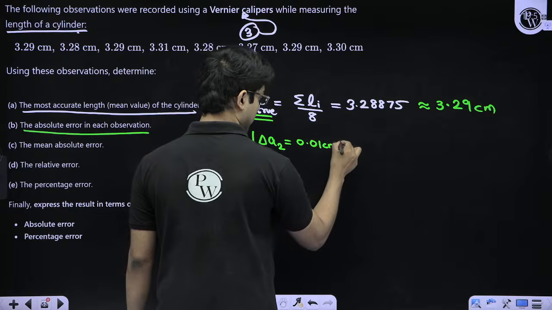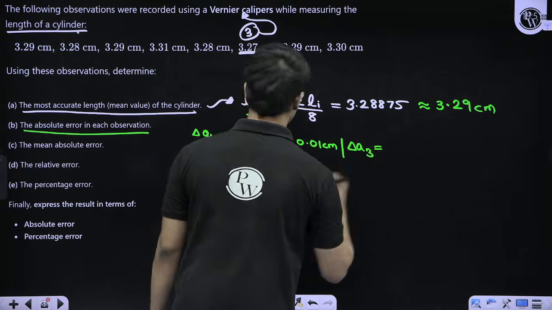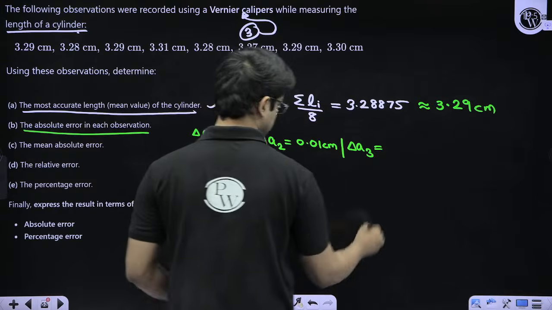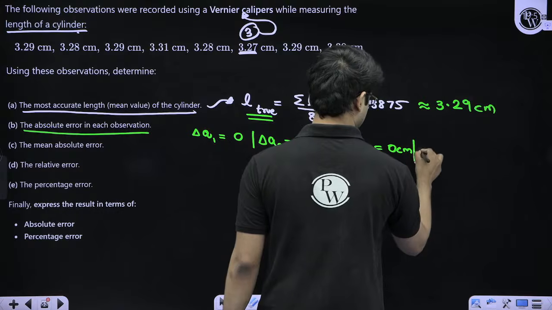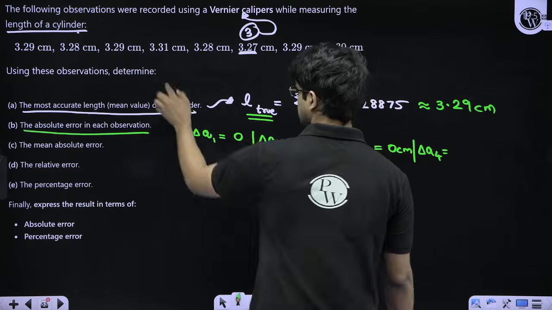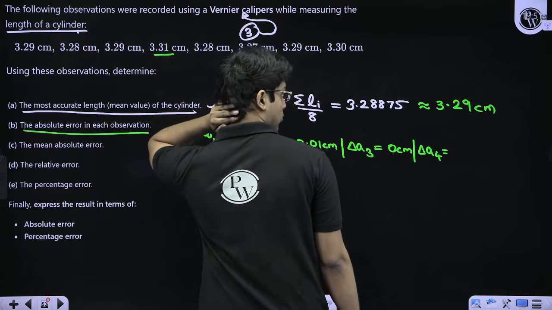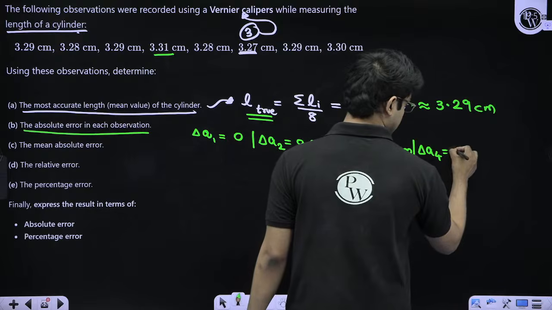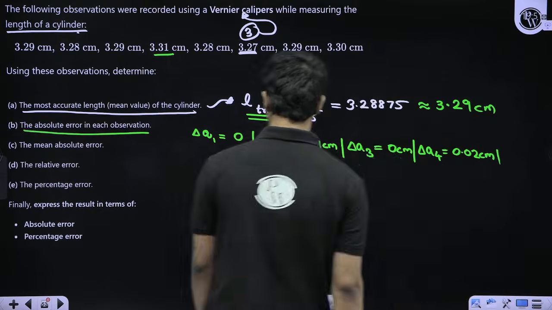Okay, just consider the positive values. In the third value, the absolute error is 0 once again. And in the fourth value, the absolute error is, it will be minus 0.02, right? But we only consider the positive value, 0.02 centimeter.